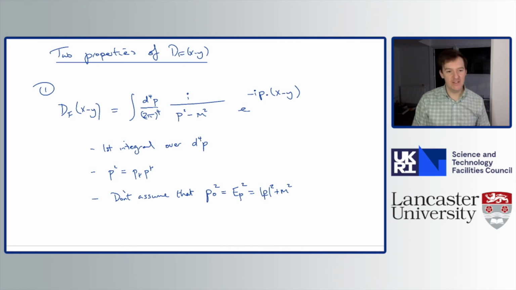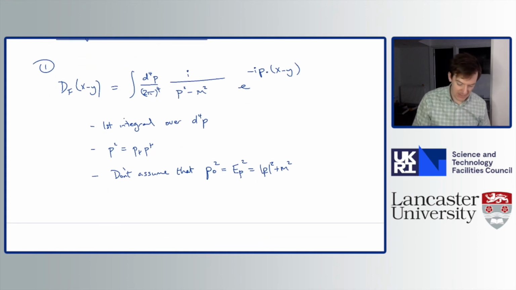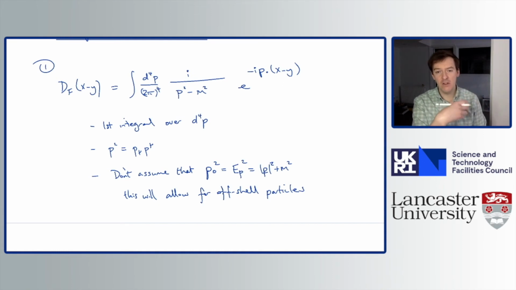We allow p naught squared to not equal p squared plus m squared. This is important because it will allow us to describe off-shell particles. Off-shell particles are by definition particles that do not satisfy p naught squared equals p squared plus m squared.